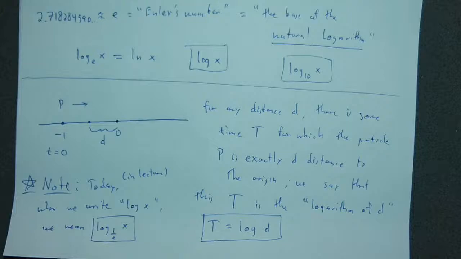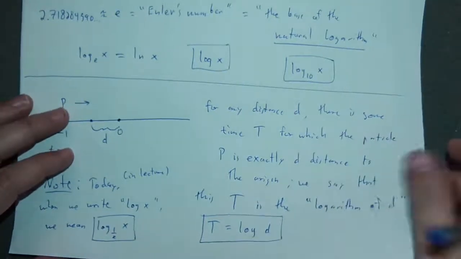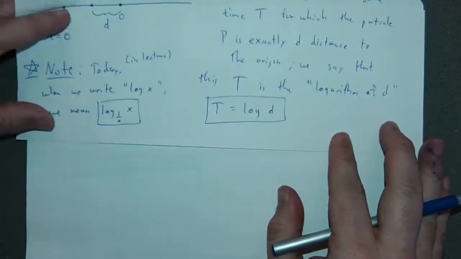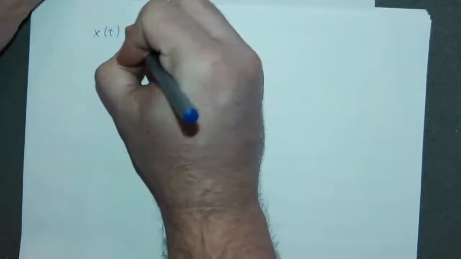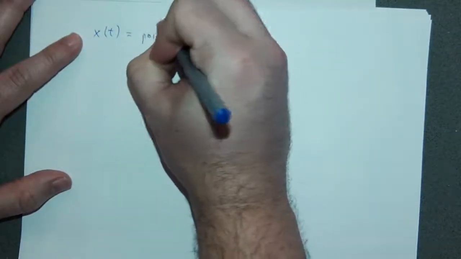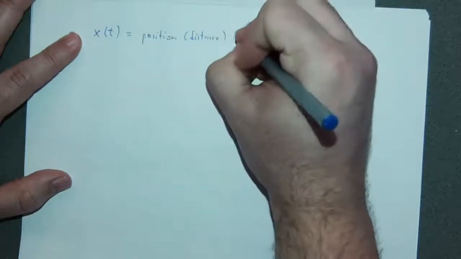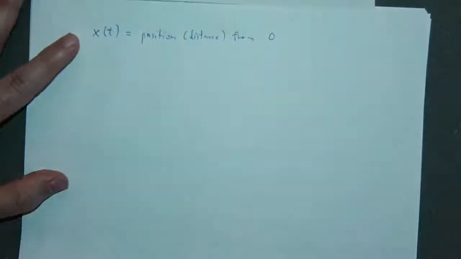All right. Now let's use a little bit of machinery that we've already developed to see what's going on. In that same picture, I have some things occurring. First of all, if I write x of t, this is my position or distance from 0.